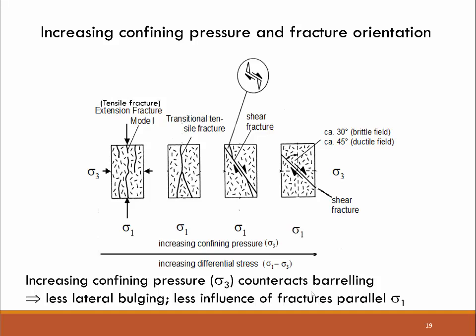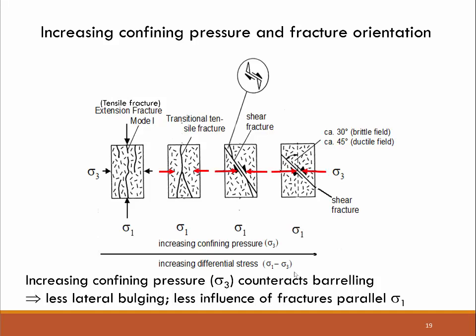Here on this diagram we see a summary of what we have been talking about. We see four representative experiments under increasing confining stress, sigma 3, and we see that increasing differential stress is required to cause rock failure.